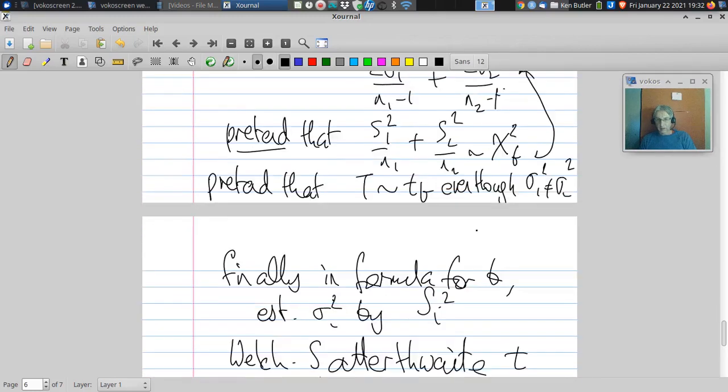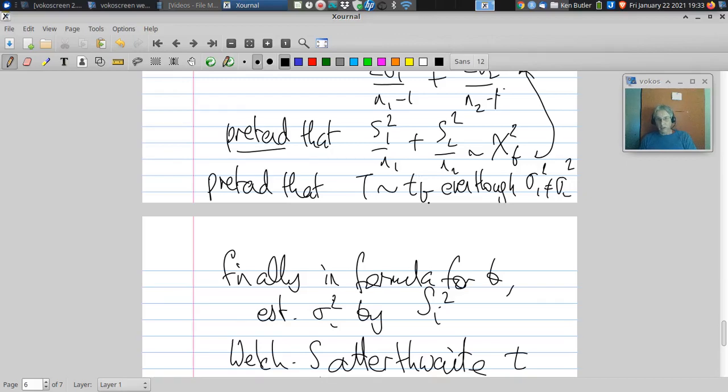And this is an approximation. It's actually a pretty good one most of the time. And it works even though we're not assuming sigma 1 squared and sigma 2 squared are the same. So this is a very general t-test that we can always use. And it turns out that even if sigma 1 squared and sigma 2 squared are the same, this Welch-Satterthwaite approximation is actually really good.